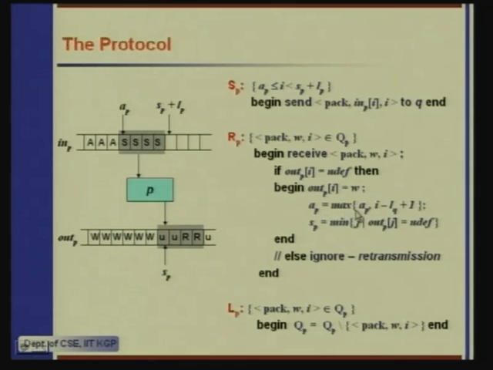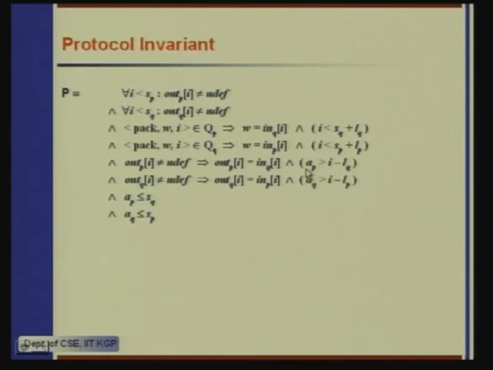changes AP to max of AP and I minus LQ plus 1. So whenever the packet I is received, AP is changed to something which is at least as large as I minus LQ plus 1. So this is going to hold again, AP greater than I minus LQ.